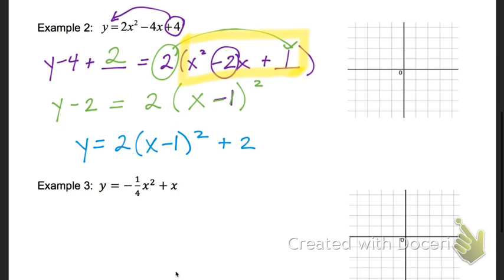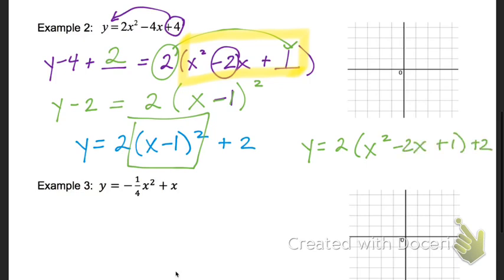Now, how could I technically check that this was the right answer? Factor it back out. I know that's a long process, but if you are very careful and you have time, I'm not endorsing this, but you could do this if you wanted to. Pull out the x minus 1: y equals 2 times x squared minus 2x plus 1, plus 2.